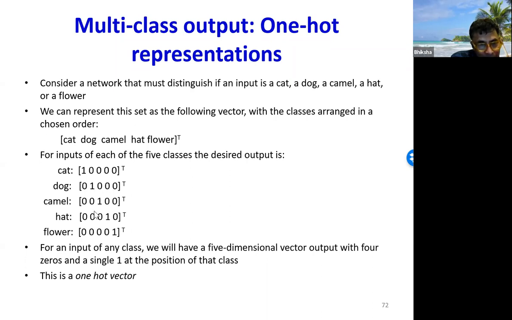Similarly, for camel, the 1 is going to be in the 3rd position. The rest will be zeros. For hat, it's going to be in the 4th. For flower, it's going to be in the 5th. So in every case, there is only a single value, which is 1. The rest are 0. So because only one value is hot and the rest are cold, this is often called a one-hot representation or a one-hot vector.